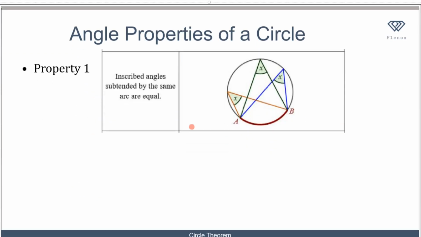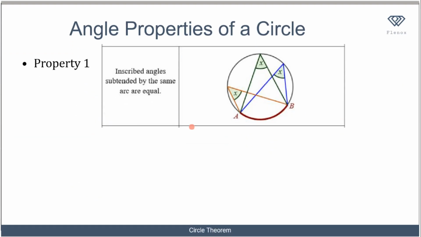So let's look at some of the properties of circle. The first three we are going to talk about are the arc properties of a circle. The first property says that inscribed angles subtended by the same arc are equal. What this means is that if I have an arc, for example, you can see that this curve segment from A to B is an arc.